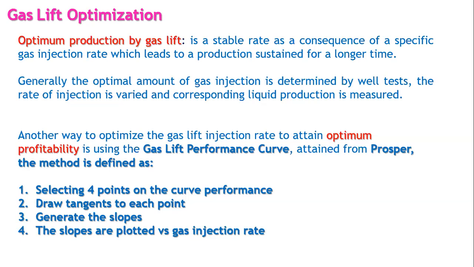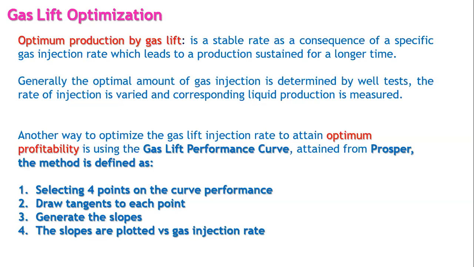In this way, you get the optimum gas injection. This is nothing that you can simply calculate and say this is the gas to be injected and we are getting the optimum. It's not like that. Of course, another way is running this exercise in Prosper.